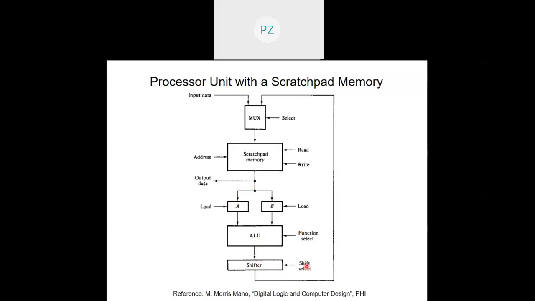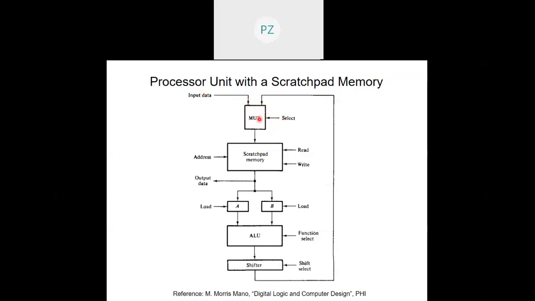Function select, shift select, deciding whether I want to do addition or subtraction or incrementation, decrementation, whatever. Shifting, suppose I want to do no shift or shift left, shift right, circular, serial, all those possibilities will be there in the shifter circuit. And again the data gets routed back, and this select decides whether I want to store the data into the memory as the output of the ALU and shifter, or I want to accept data from the outer world.